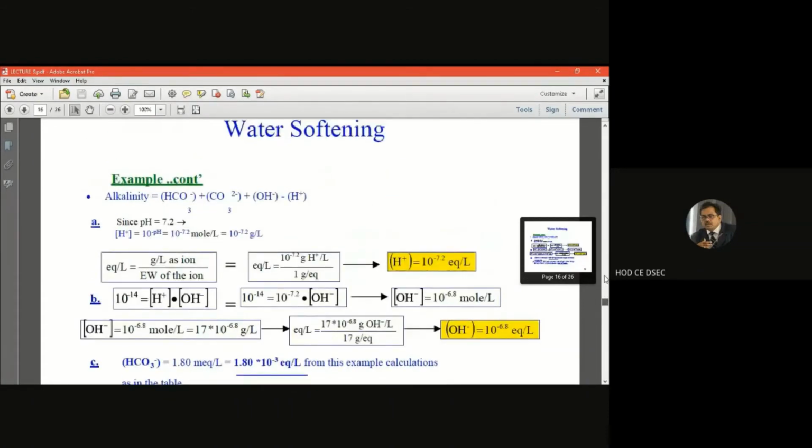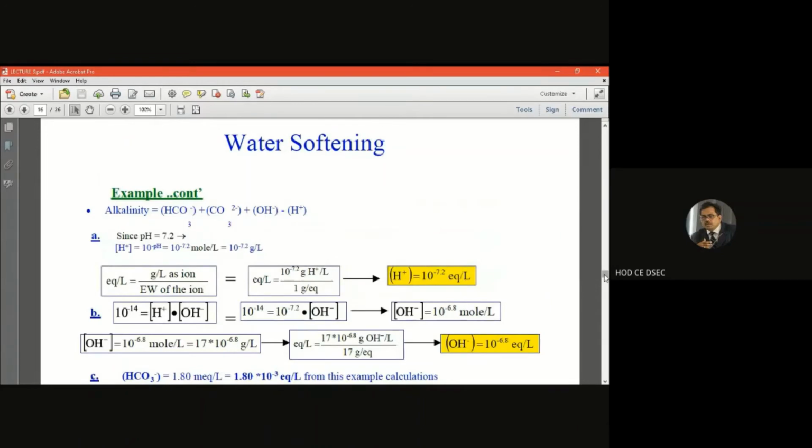Now alkalinity, as I have discussed in my lecture, the 8th lecture, just previous to this 9th lecture. The alkalinity is due to the presence of the bicarbonate ion, carbonate ion, and the hydroxide ion. So these three ions are additive only, since H plus is creating the acidity, not the alkalinity, so it will be deducted, minus H plus.